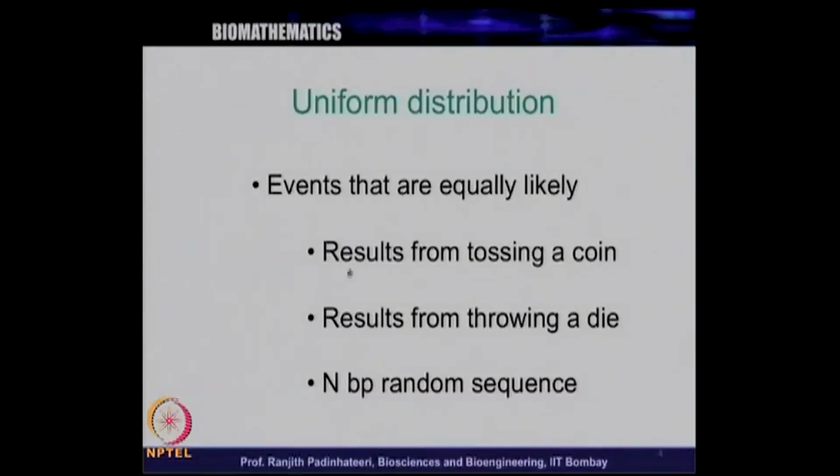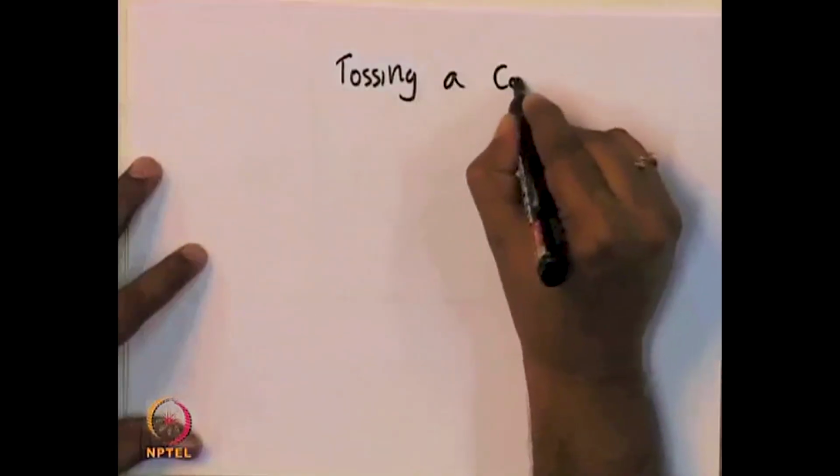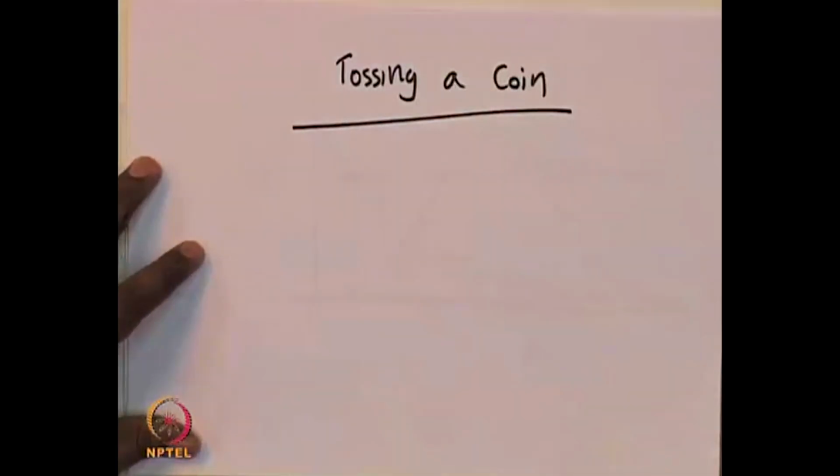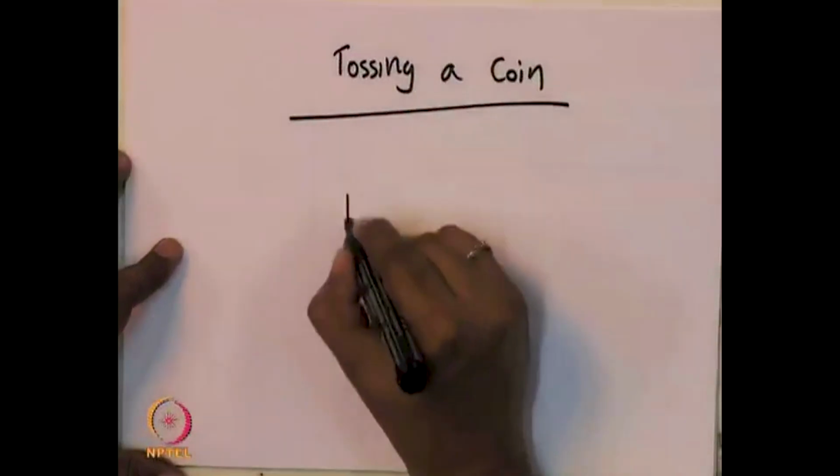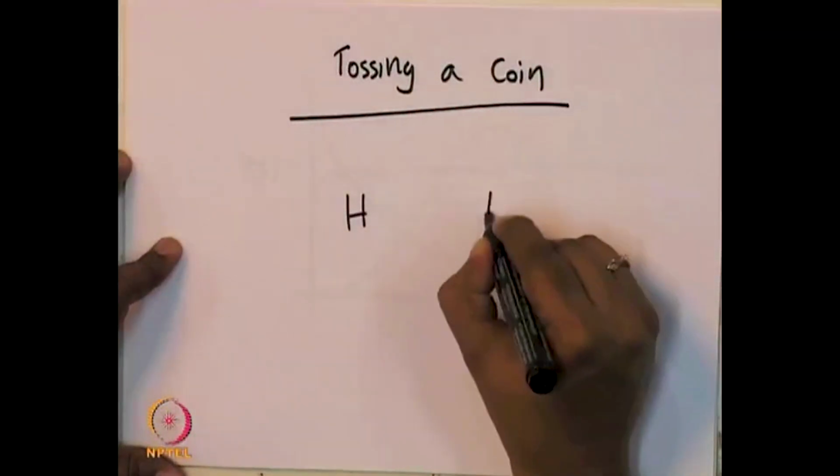So, the simplest thing you can imagine is results from tossing a coin. If you toss a coin, you will get either head or a tail. You have only two events here. So, let us discuss the example of tossing a coin. There are only two outcomes, either head or tail.